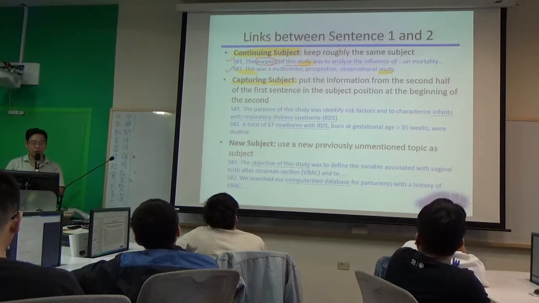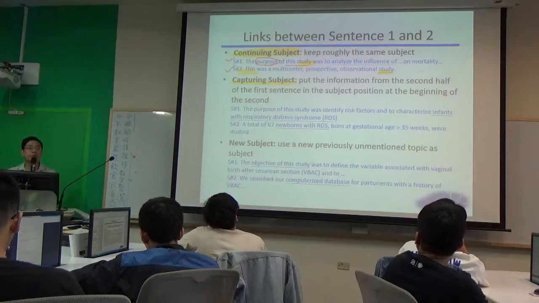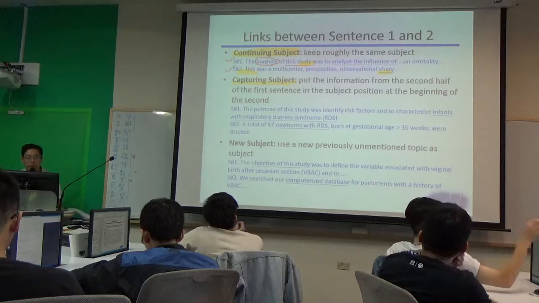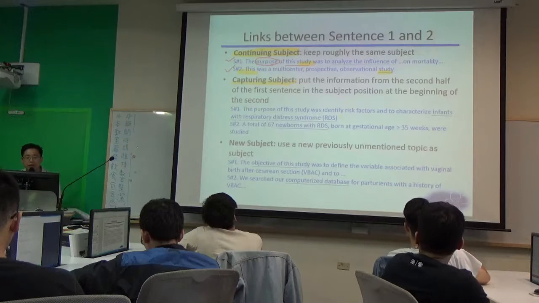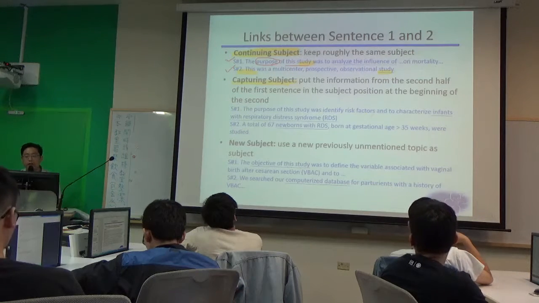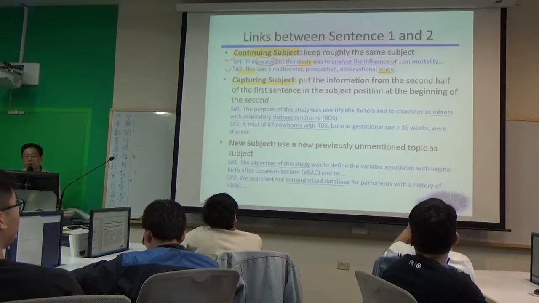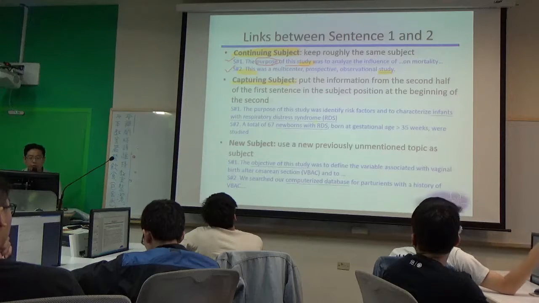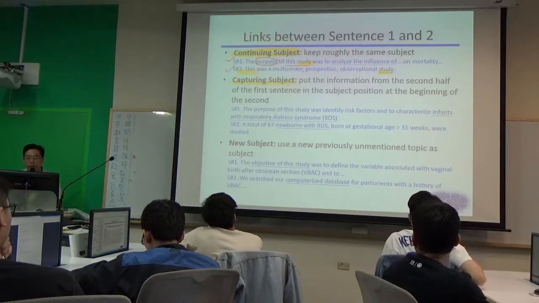So if there are 2 sentences, for the first sentence, for this example, the purpose of this study was to identify risk factors and to characterize infants with respiratory distress syndrome, RDS.